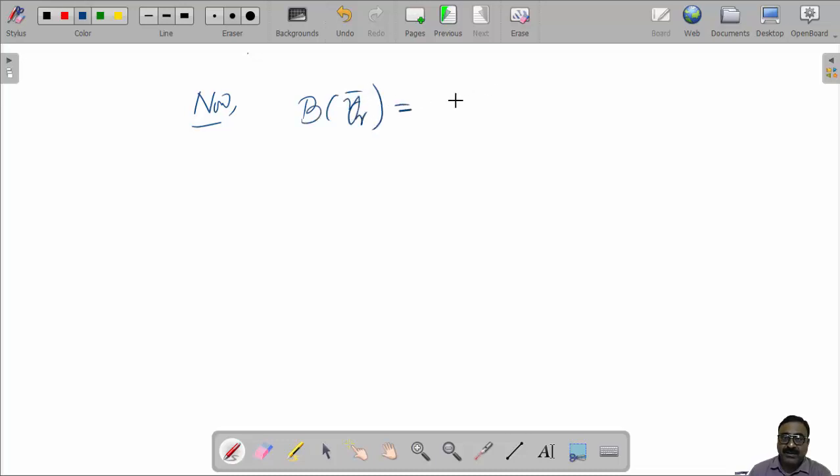Now we have bias of ȳ_R equal to minus covariance of r̂ and x̄.